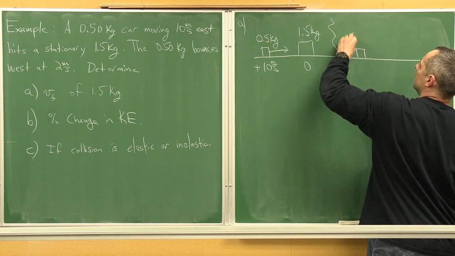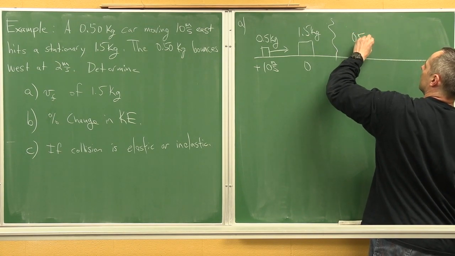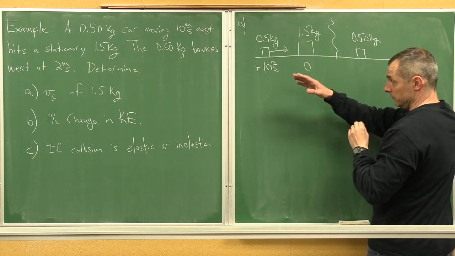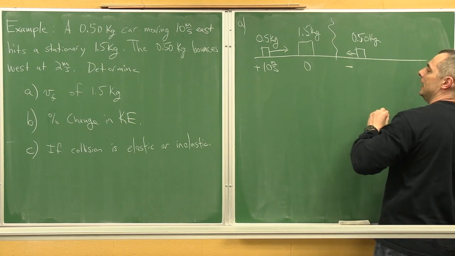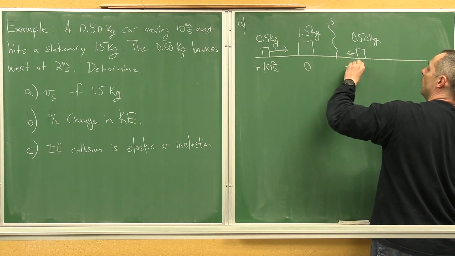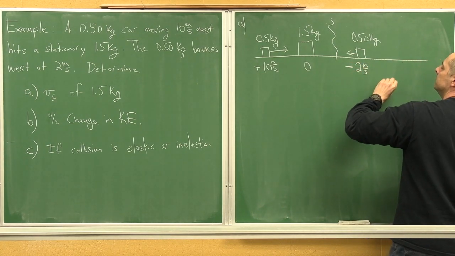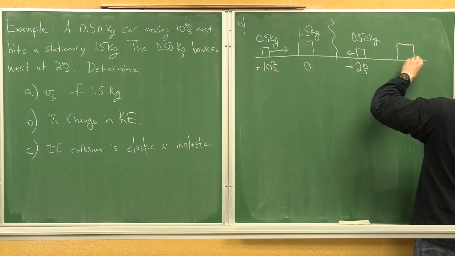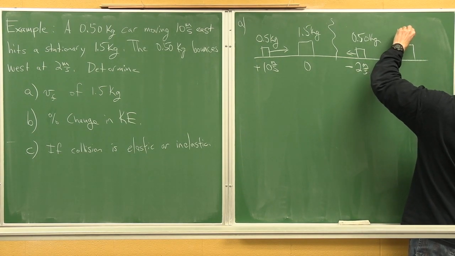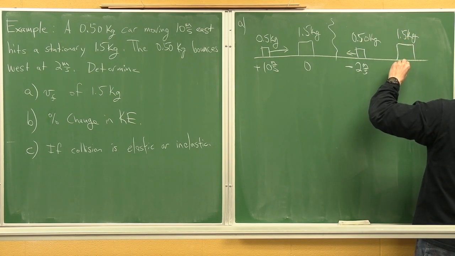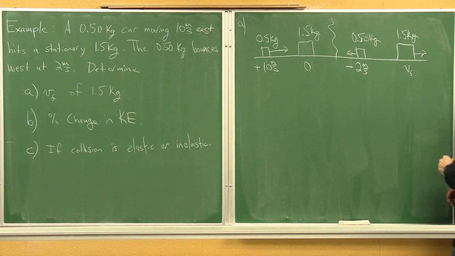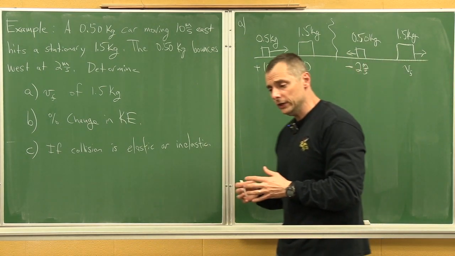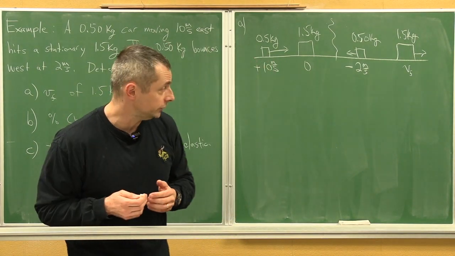After the impact, as you can read from the problem, this bounces west, the opposite way. So we need a minus sign because east was positive, west has to be negative. So we don't know that velocity. So there's a diagram laying out all the information, setting up our solution nicely.